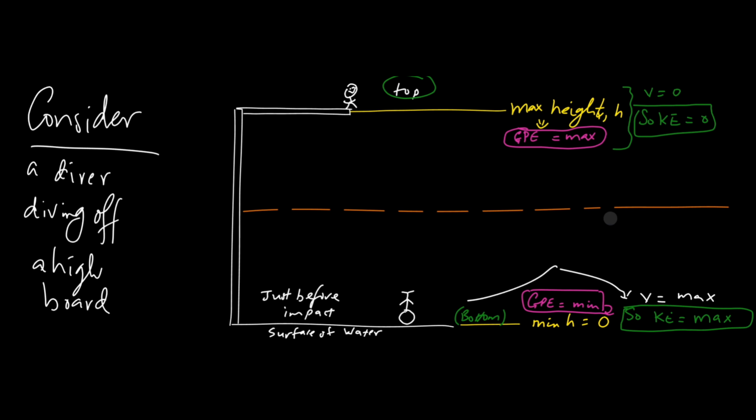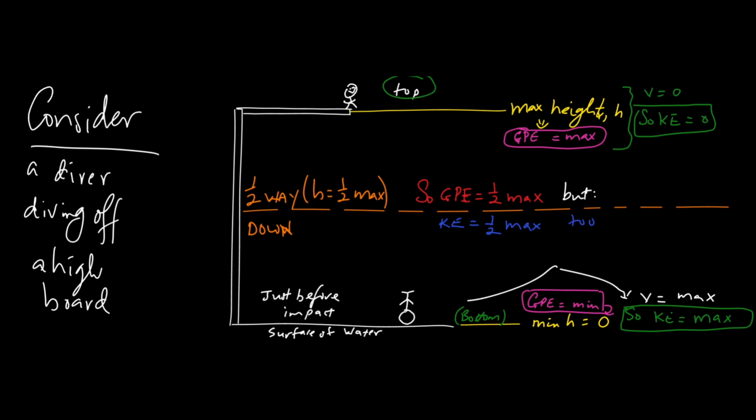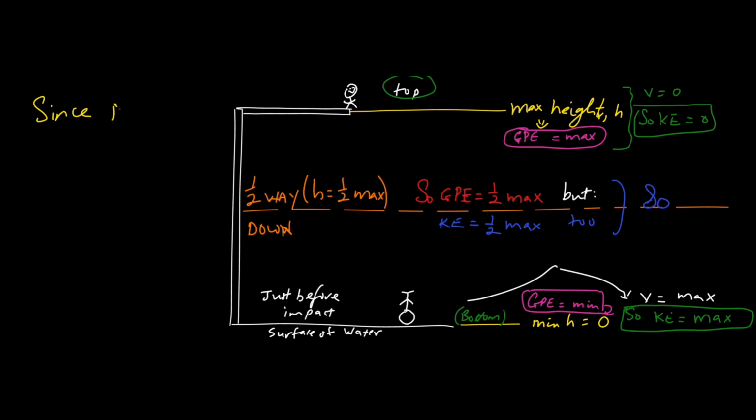Now, let's consider halfway along that jump. Halfway along that jump, his height is divided by 2. He has half his maximum height. What does that mean? He will therefore have half his maximum gravitational potential energy. But he is also moving at half his maximum velocity. So his kinetic energy is also divided by 2, his maximum kinetic energy, that is.